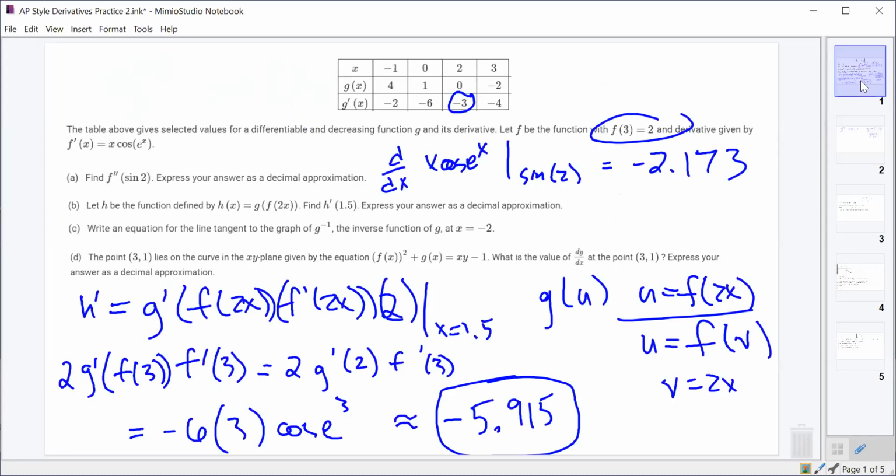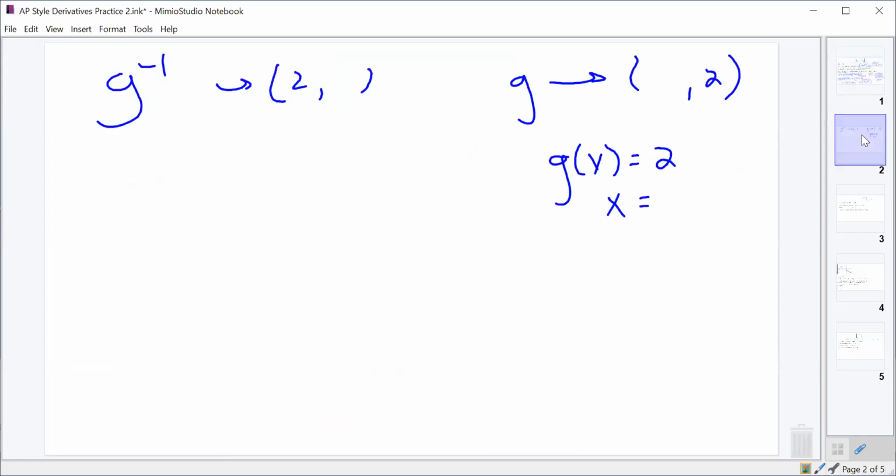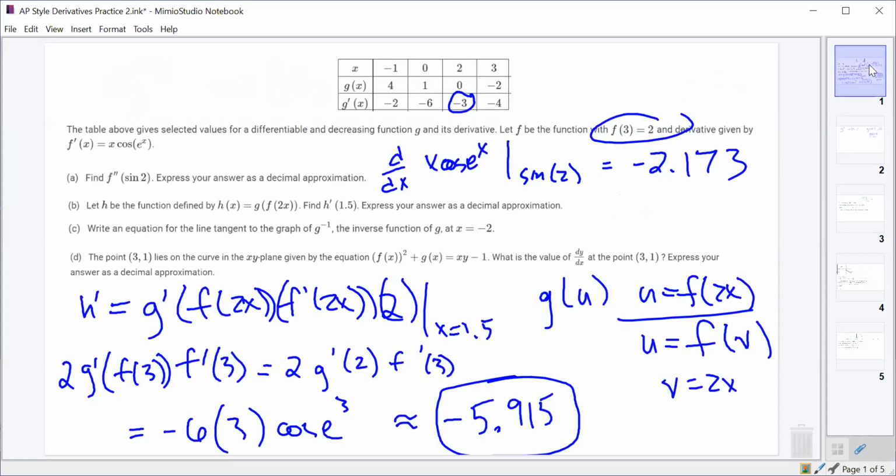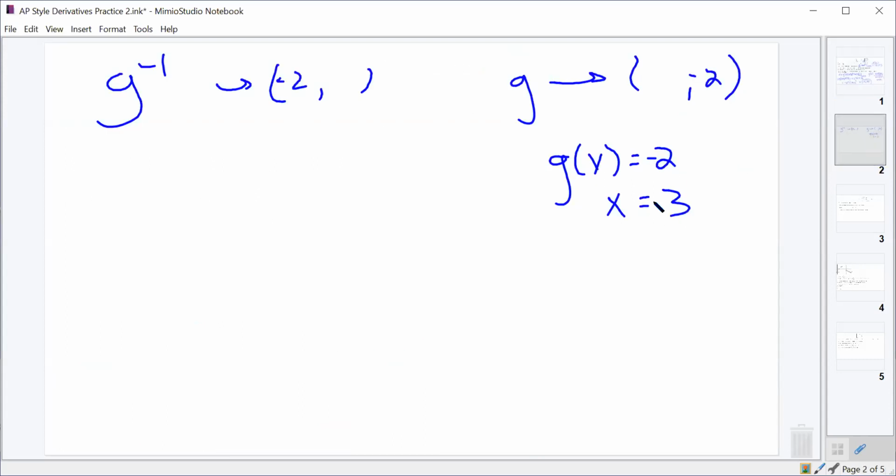From the table, exactly. So, oh, it's a negative 2, not 2, sorry. Should make sure I read the question right. So we're interested in does g of x equal negative 2? And looking at the chart, g of x equals negative 2 when x is 3. So we'll say that occurs at x equals 3.